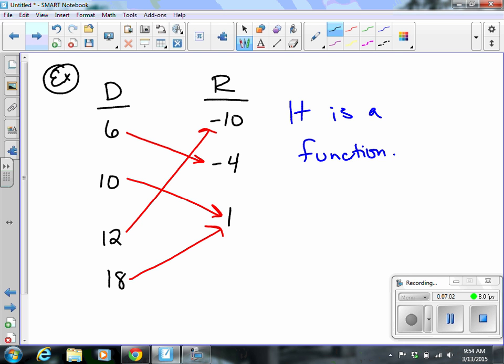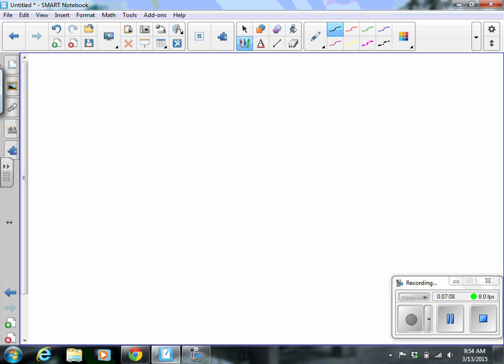Now, in the other thing, we talked about input and outputs, and there's some special notation for it. What we know about a function is it's got special notation. So for instance, I have y equals 3x plus 1. Okay, so that's a line, we know that.